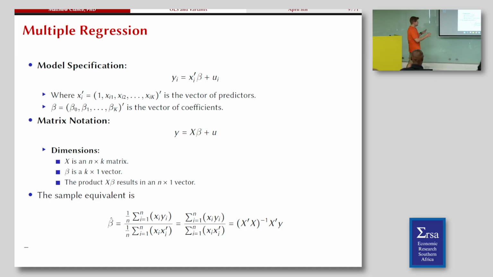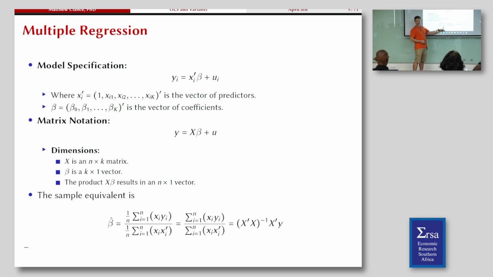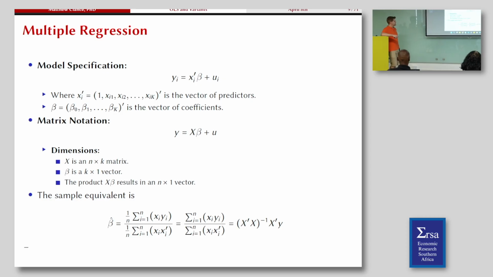But even with all that, we're still looking at something similar to what we were looking at before: the covariance of x and y over the variance of x. And then we can put it into matrix notation again. But the point is that even when we have multiple regression analysis, we're still focused on this.